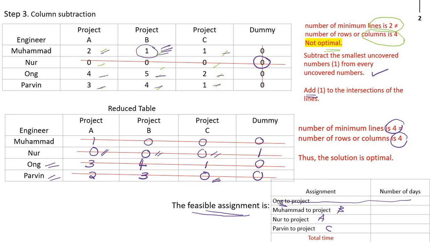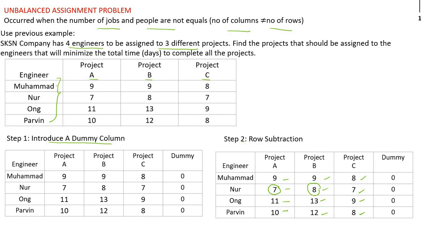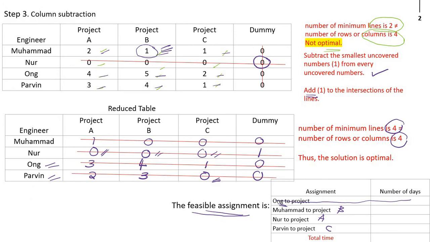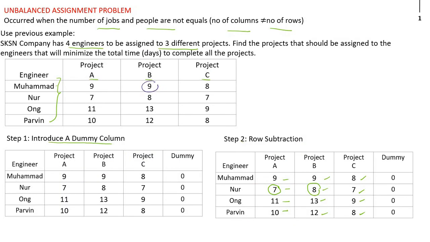Okay, now how many days? Muhammad is project B. We look at the original table. Project B for Muhammad is 9 days. And Nur project A, which is 7 days.